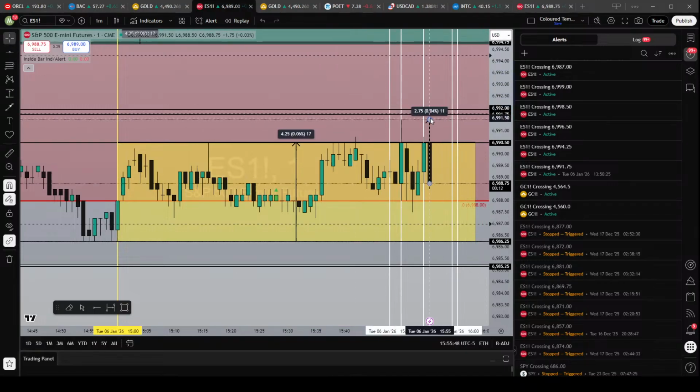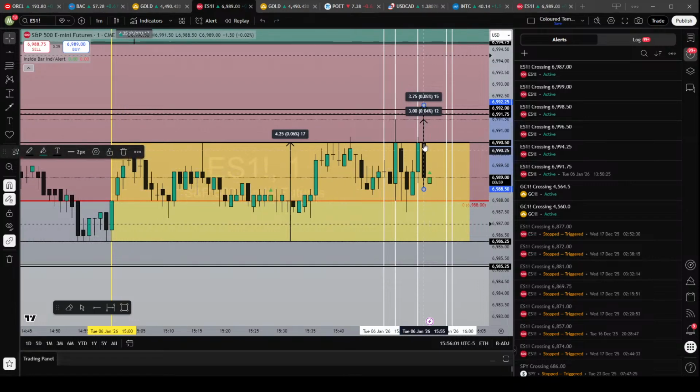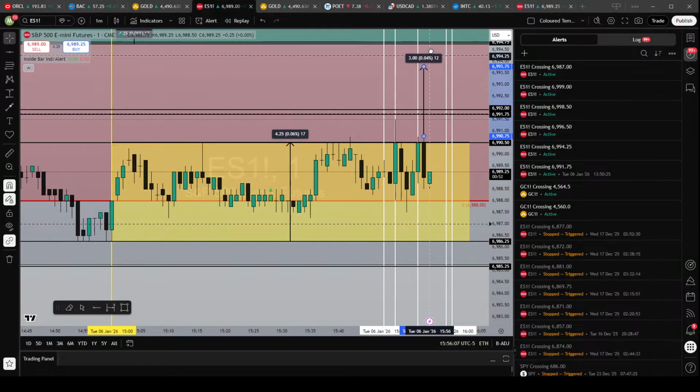I would bet anything that the range on this stick is probably similar in terms of previous all-time highs. So far 3 points. Yeah, that's pretty close. Do you see that?